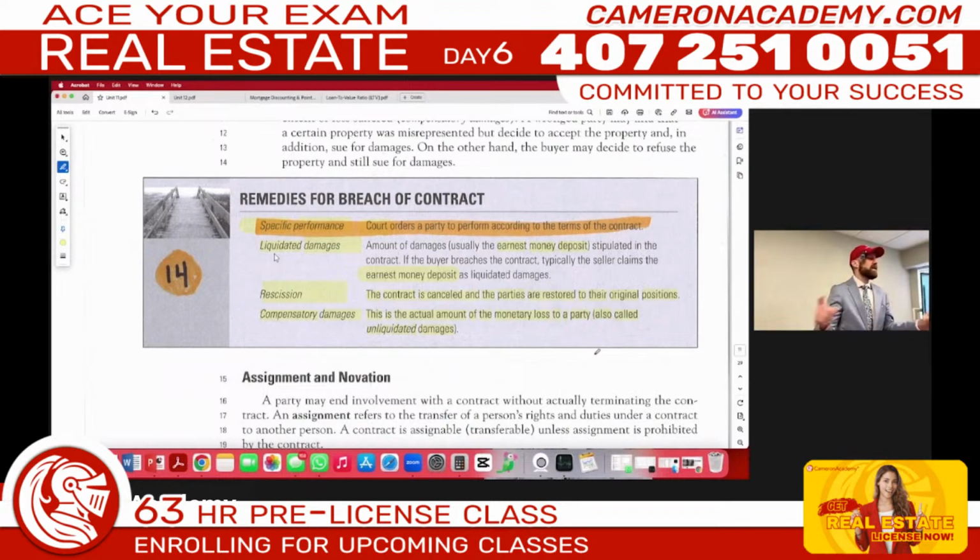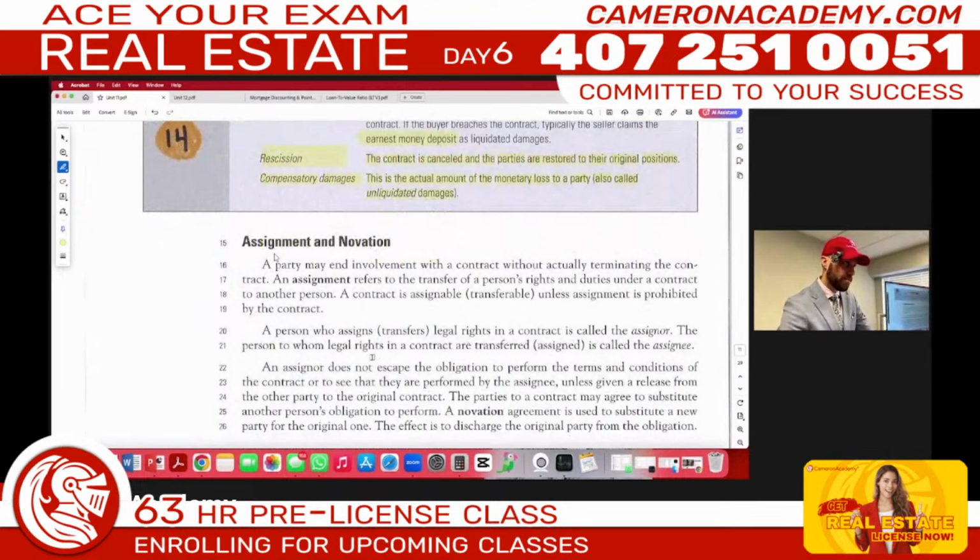Compensatory. That's the difference. This is how you figure out the difference for your exam. Injured party claims the deposit only. What are we talking about? Starts with L. Liquidated. Injured party tries to claim anything more than the deposit. Now we're talking about what? Compensatory damages. Yep. Any questions here?